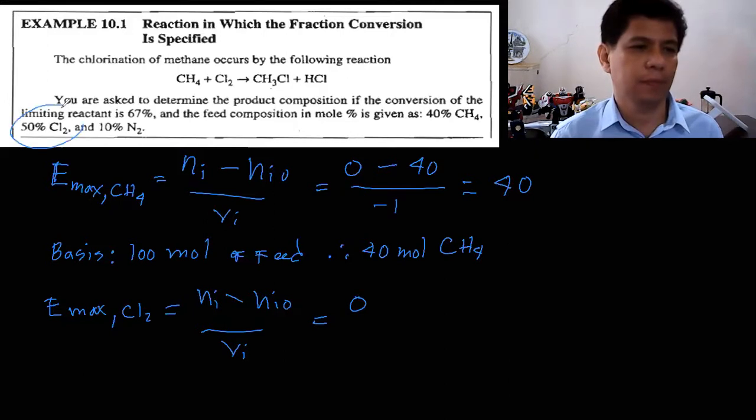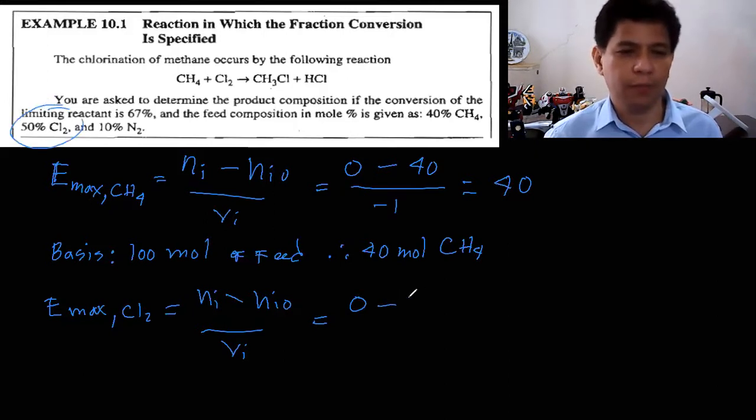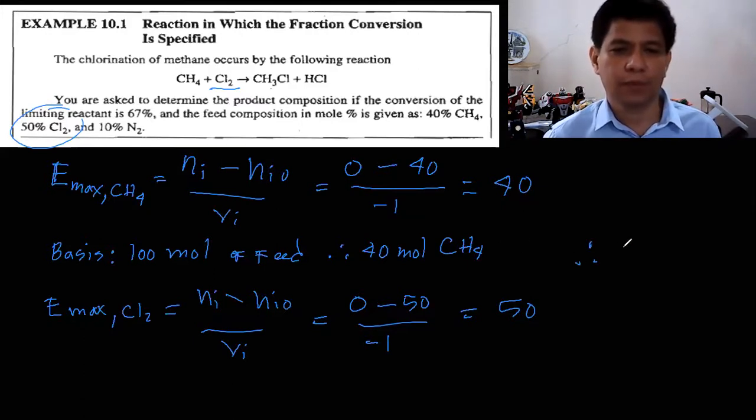So minus 50. And then negative 1 because it's a reactant. So the Emax for chlorine, or Cl2, is 50. Okay? So from these two Emax values, we can say that CH4 is the limiting reactant because its Emax is lower. So therefore, CH4 is the limiting reactant.